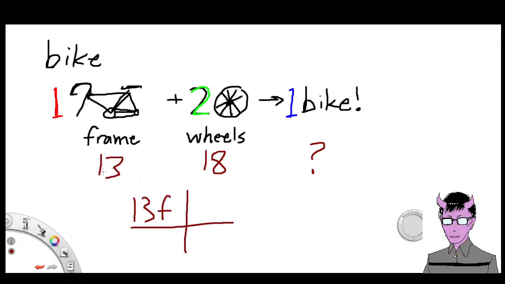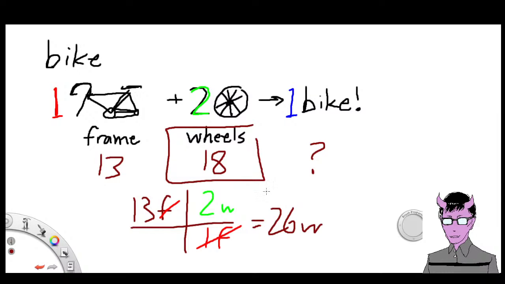Since we're talking about frames and wheels requirements, then we use the red and green ratios. So the ratio is for every 2 wheels, 1 frame. So do the work, cancel this with that, and you will see that you have 26. You will need 26 wheels. Do we have 26 wheels? No, we don't. So thus we can say this is the excess reactant or excess reagent, whatever you want to call it.